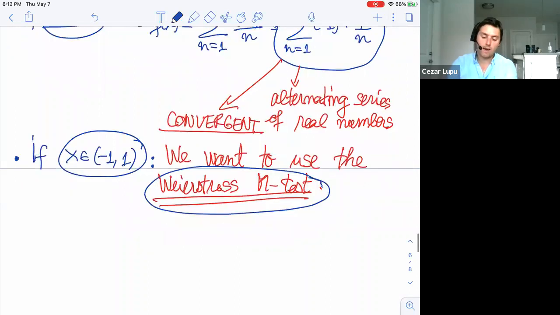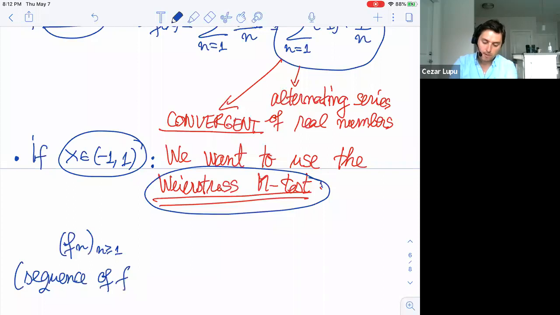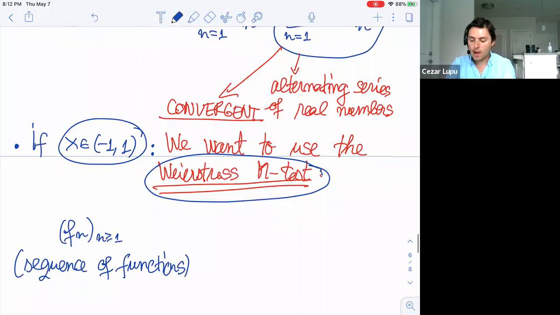I'm not going to be precise in statements. I have a sequence of functions. So this is a sequence of functions. And here I have a sequence of real numbers, let's say.